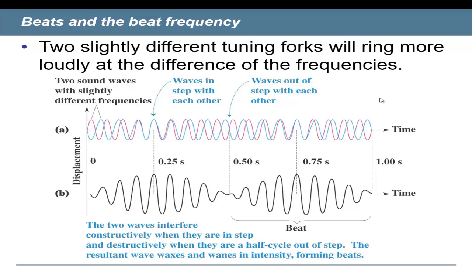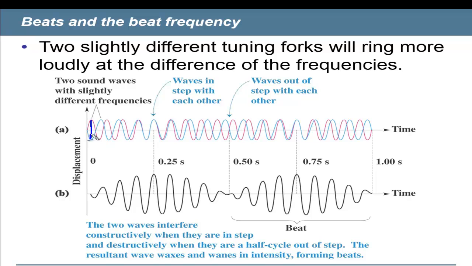So let's say we have two tuning forks that we ring, each with a slightly different frequency. One tuning fork is this red line, and the other is this blue line. The red line moves along like this, and the blue line is moving along, and they are completely out of phase right here.